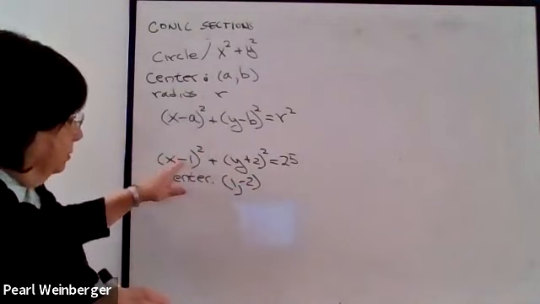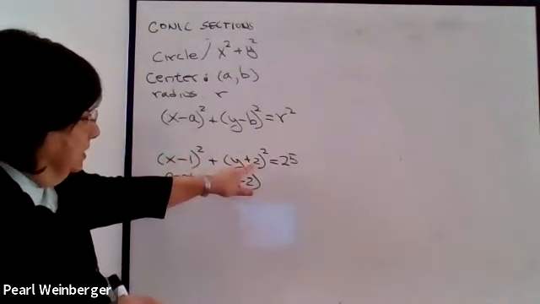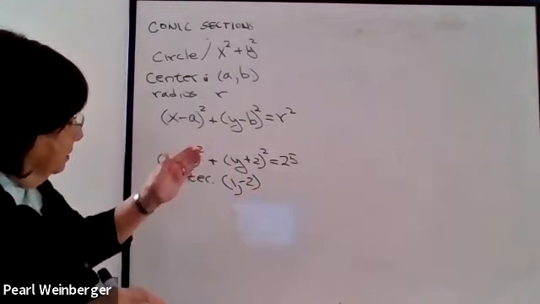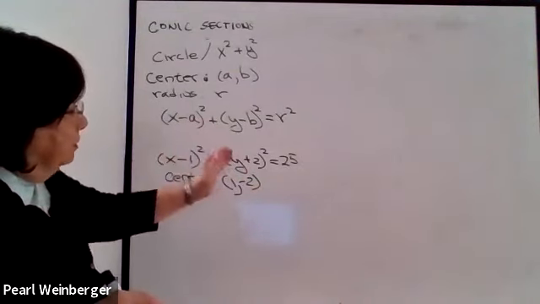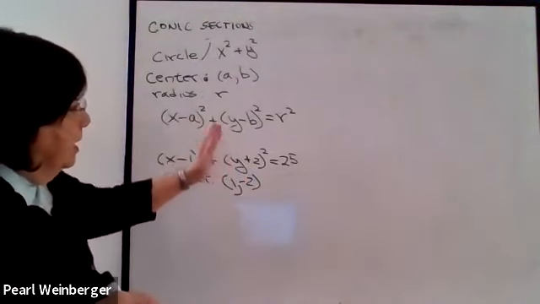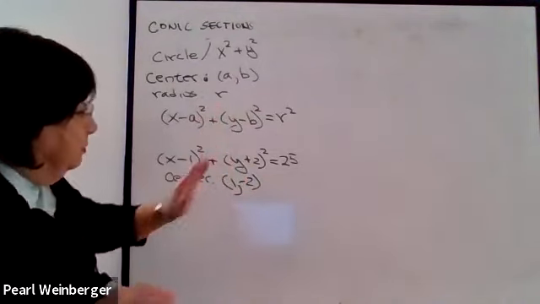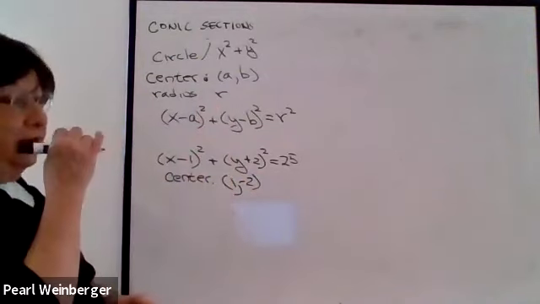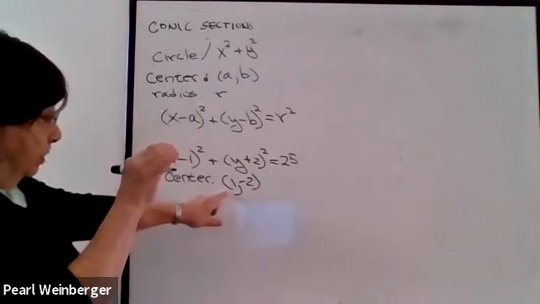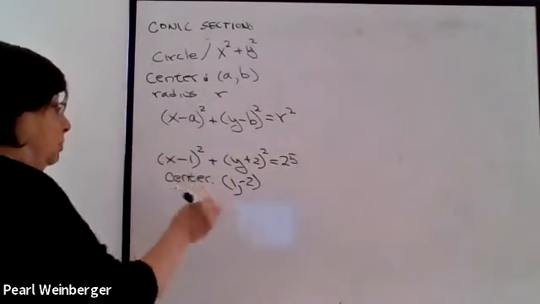This becomes a positive 1. This becomes a negative 2 because you're doing x minus a and y minus b. And y plus 2 really means y minus negative 2. So therefore, I switch the signs. So now I know the center is at the point 1, negative 2.